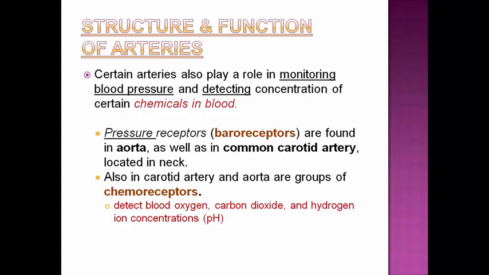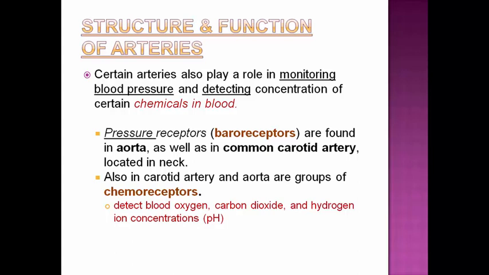So we said that the blood pressure is going to be the highest in the arteries, and it's higher closer to the heart. So the aorta would be the highest pressure. We know that there are certain receptors within these arteries that are going to detect not only blood pressure but also chemicals in the blood. By definition, baroreceptors are the ones that are looking out and guarding against huge pressure changes.